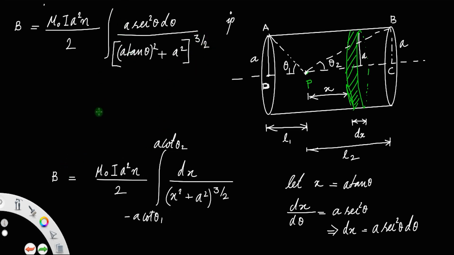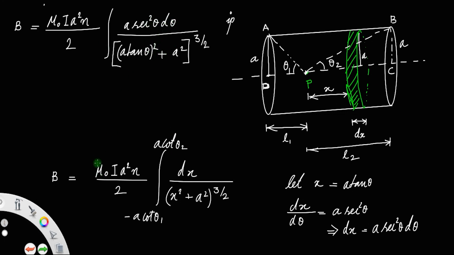Now we have to change the limits of the integral. The variable in this equation was x, that is this length, and now it changes to the angle, so we have to change the limits accordingly.